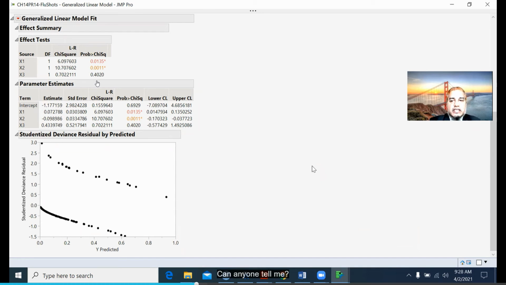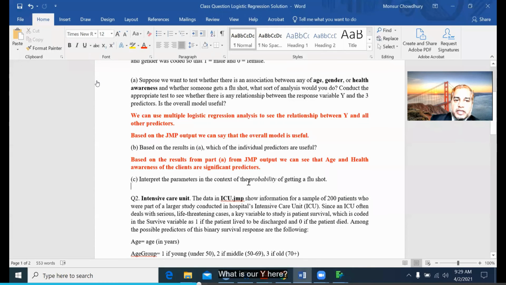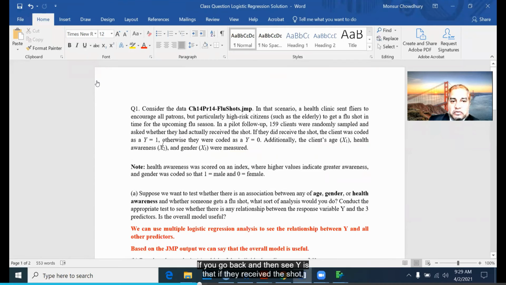Can anyone tell me? So what is our y here? If you go back and see, y is coded as 1 if the client received the shot, otherwise 0, and x1 is the client age and x2 is the health awareness, and we are not caring about x3 because it's not significant.